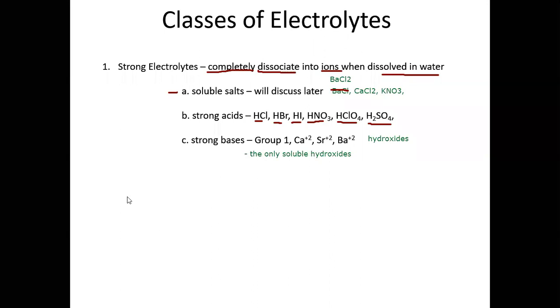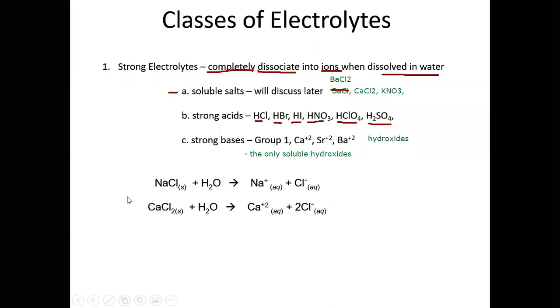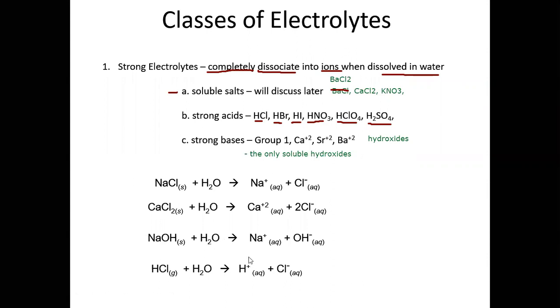Now when you put them in water, you see that they dissociate into ions. Some of the characteristics of their dissociation is that you have an arrow pointing one direction and you have ions as products. So the arrow means that all the reactant gets converted into product, and our products are ions.